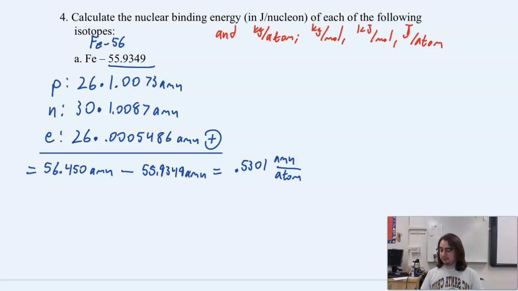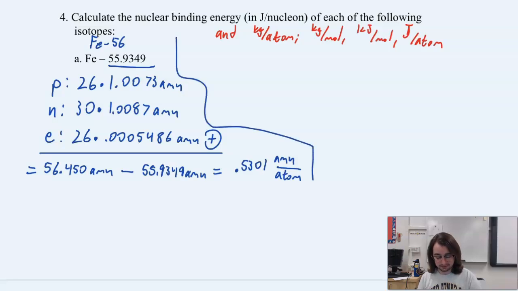Okay, so now, because I've figured out AMU per atom, I want to start checking off the different things that I'm going to convert into. So let's first start by converting into kilograms per atom. I'm going to take that number, I have this 5301 AMU per atom, and I want to convert this number into kilograms per atom.